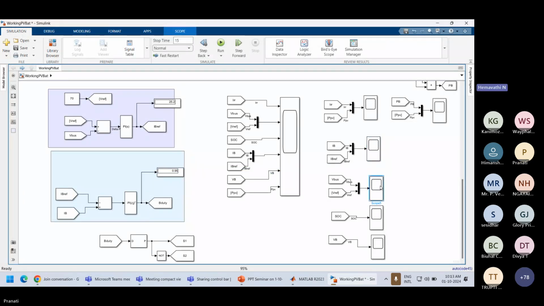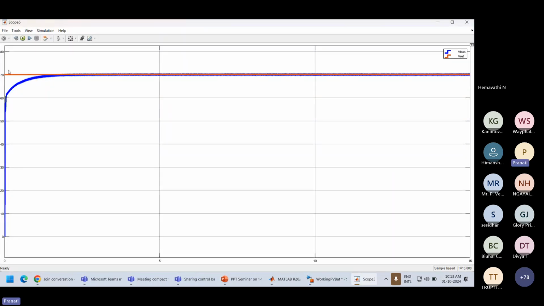Then the bus voltage matches with the reference voltage of 70 volt. This 70 volt is the reference value irrespective of any irradiance value. Let it be 1000, let it be 300, let it be 500 watt per meter square. Our DC bus voltage will always remain constant at 70 volt, which is the design of the bidirectional converter control strategy.